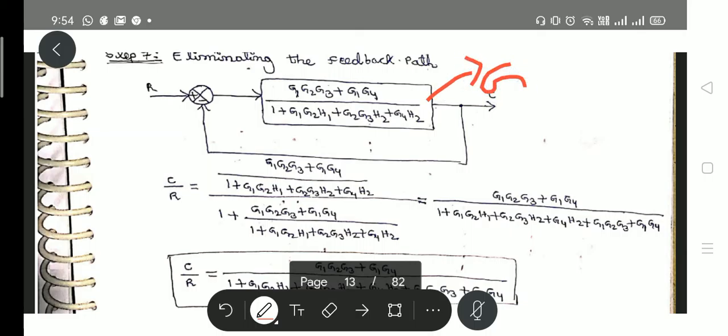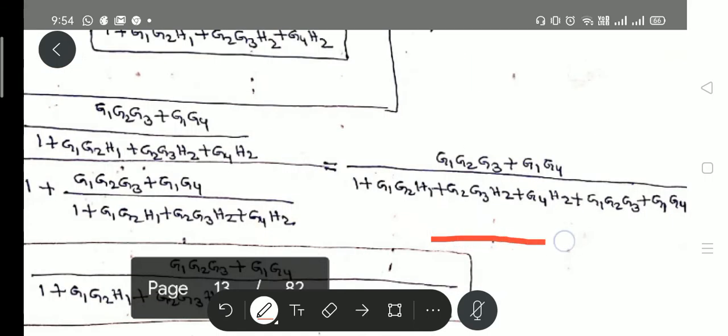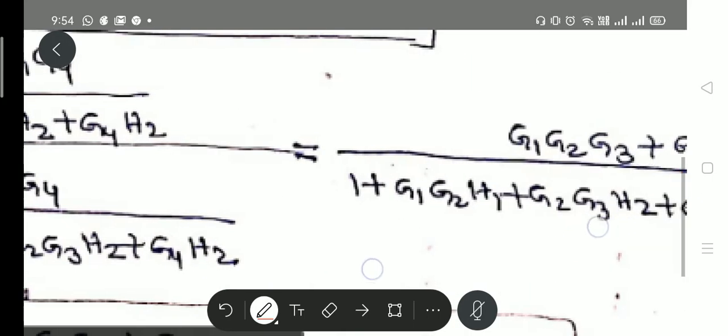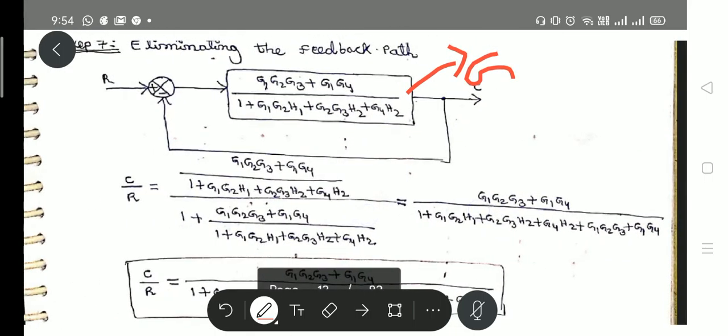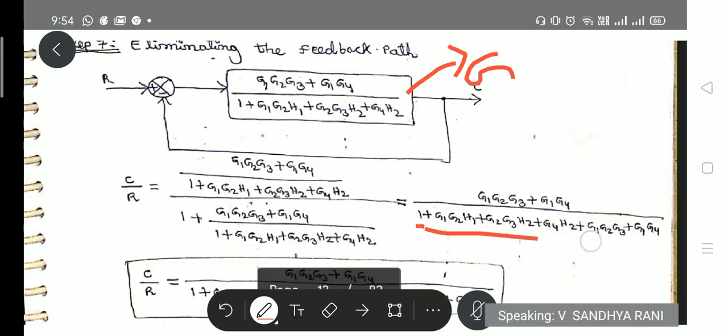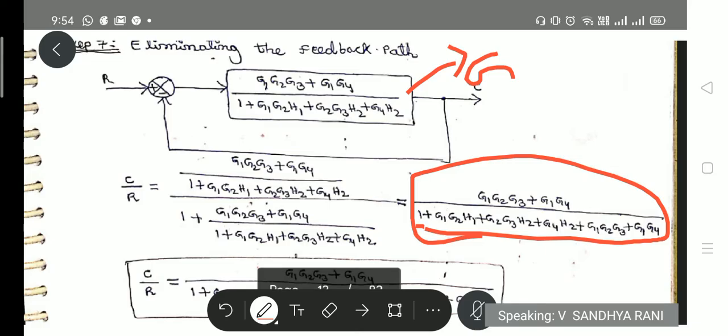So from this we will get the C by R value as G1 G2 G3 plus G1 G4 over 1 plus G1 G2 H1 plus G2 G3 H2 plus G4 H2 plus G1 G2 G3 plus G1 G4. This is the final transfer function of this system.